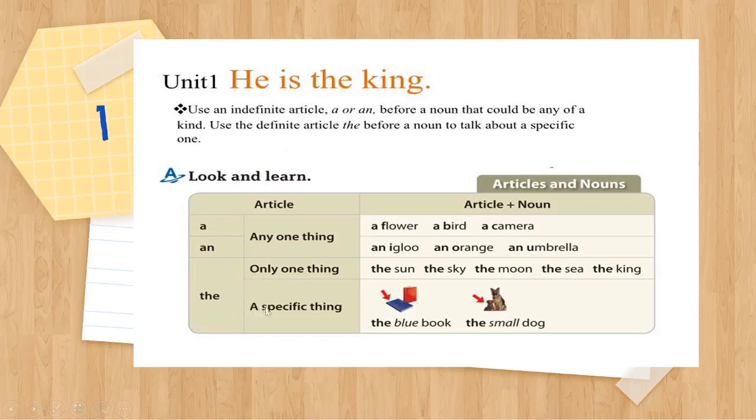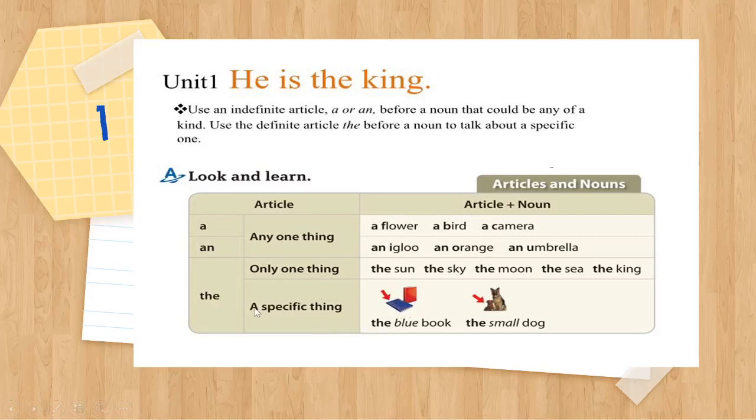Here is the meaning: a specific thing. You need to look at this picture. The teacher has two pictures here: one is about a book and another is about an animal, a dog, right? If you mention the one thing that you focus on, you need to use the. Like this arrow, we have two books here, one blue and one red, right?